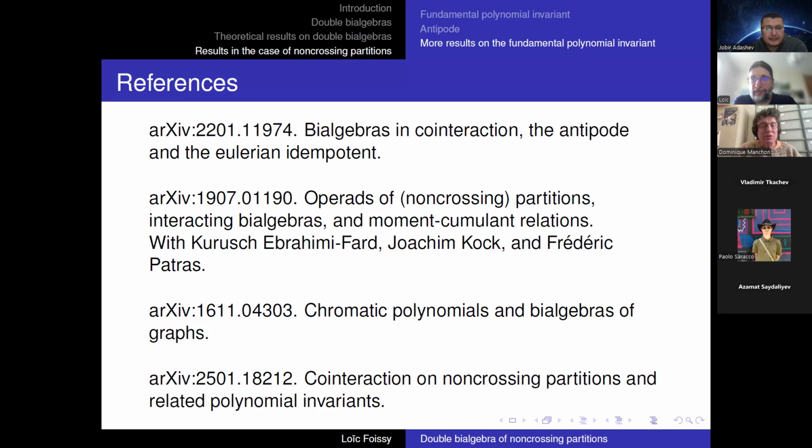I may have a rather naive question. If you look at all the partitions, including the crossing ones, I think the constructions break up quite a lot. Can you say something about this? I know this is possible.